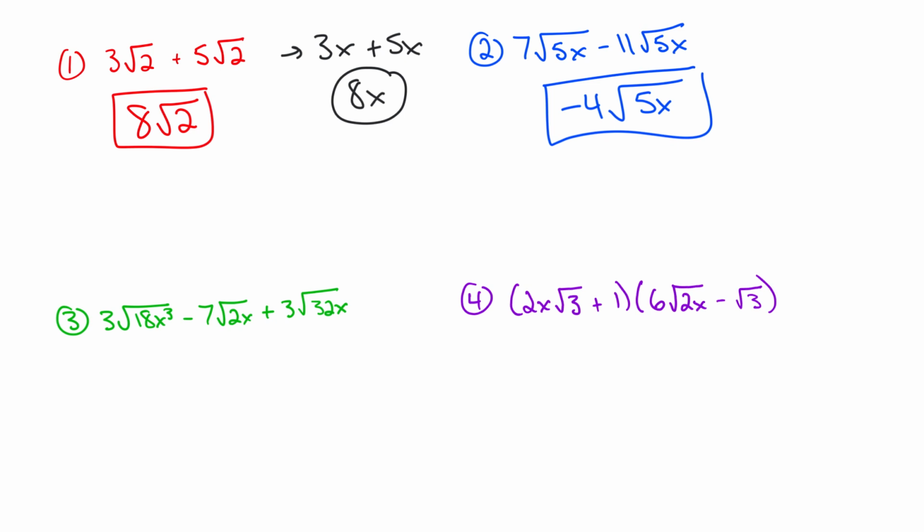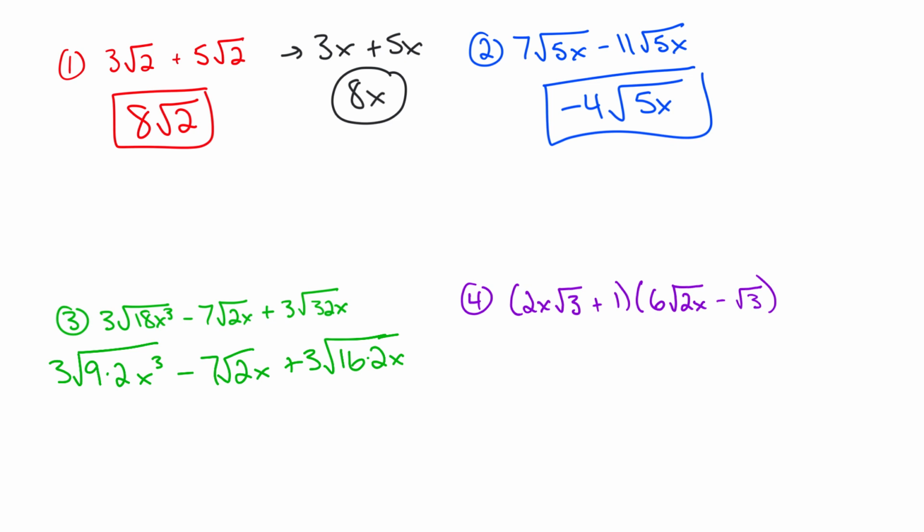However, each of these radicals, except for the middle one, mainly the last two radicals, are simplifiable because 18 is the same thing as 9 times 2. And then 32 is the same thing as 16 times 2.